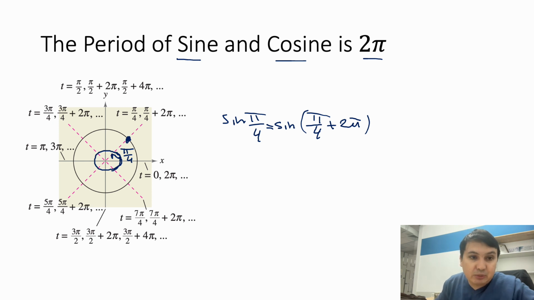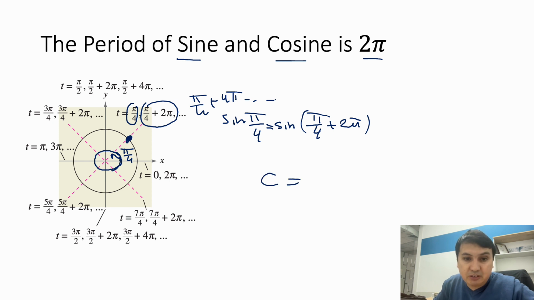So that's why the value of this coordinate at pi over 4, or pi over 4 plus 2 pi, or pi over 4 plus 4 pi, etc., are all the same. Which means if I take my C from the previous definition to be 2 pi, my sine function and my cosine function will be periodic.